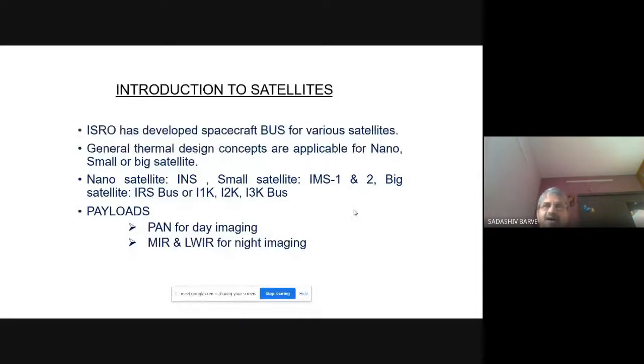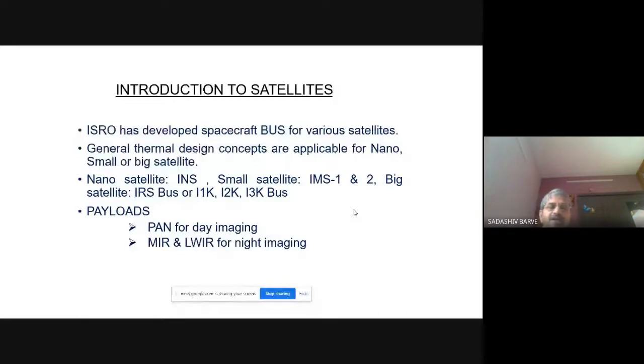Like our house camera with which we take images at home, the surface to be imaged has to be illuminated. If it is dark, you cannot take images of those objects.